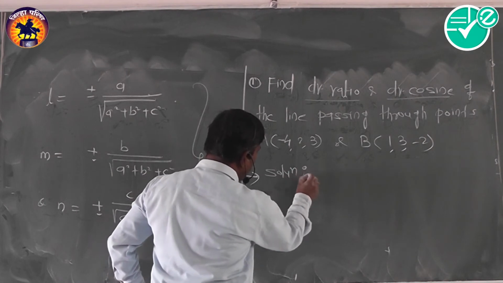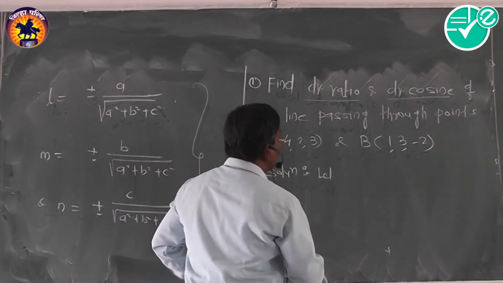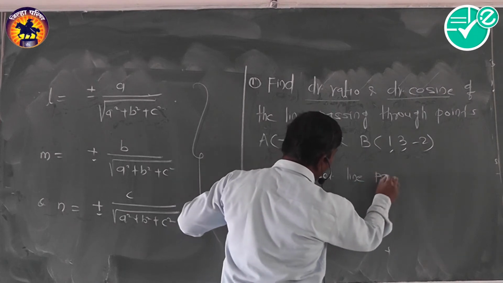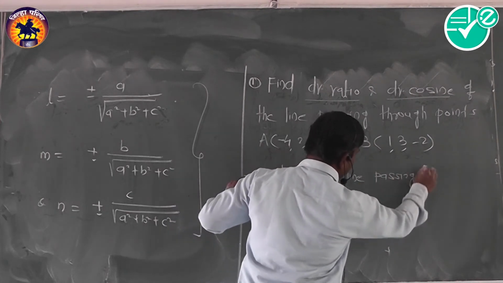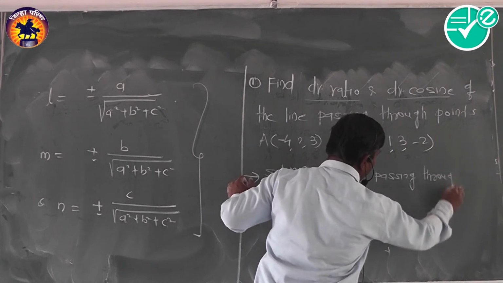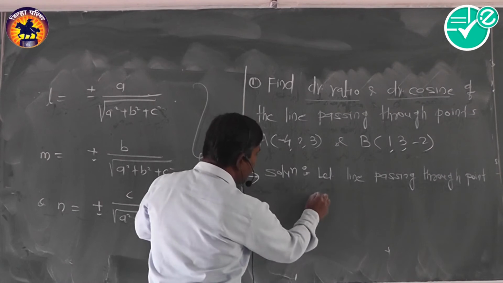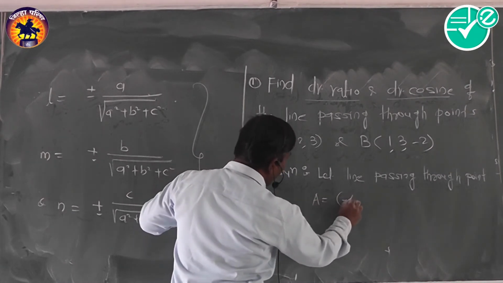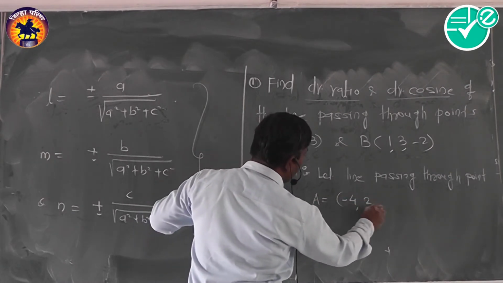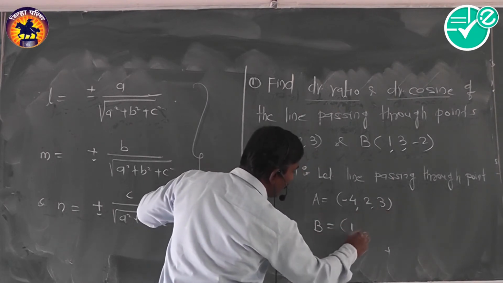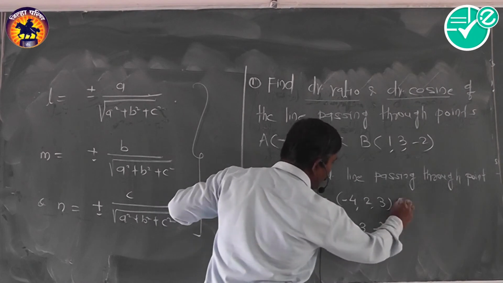Solution: let a line pass through points A(minus 4, 2, 3) and B(1, 3, minus 2).